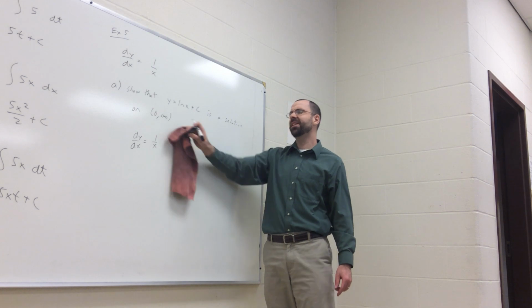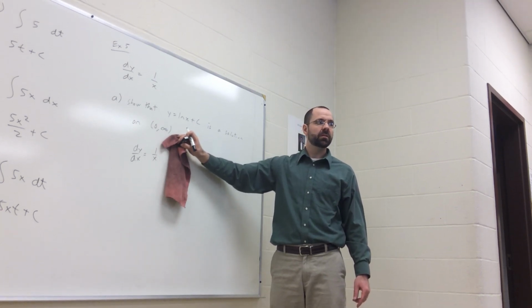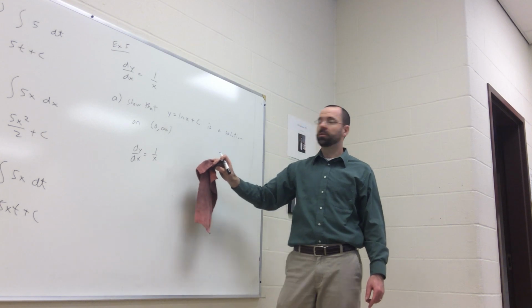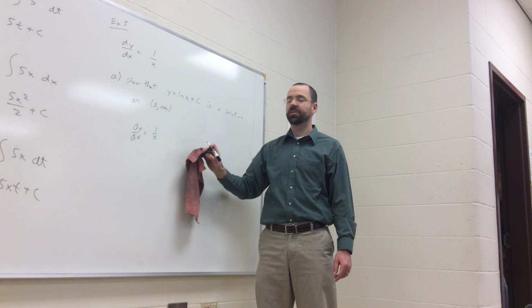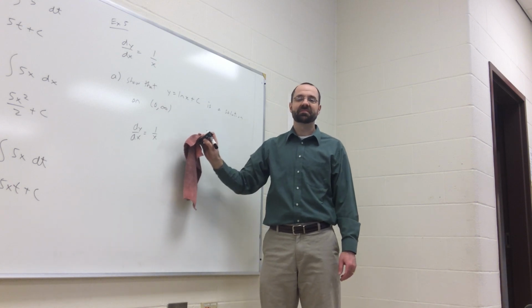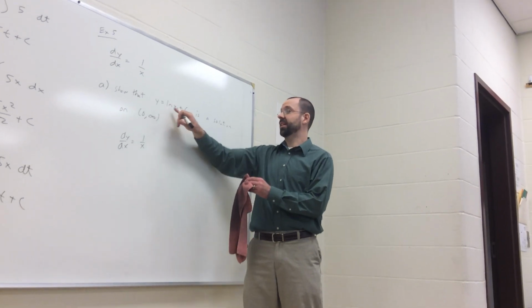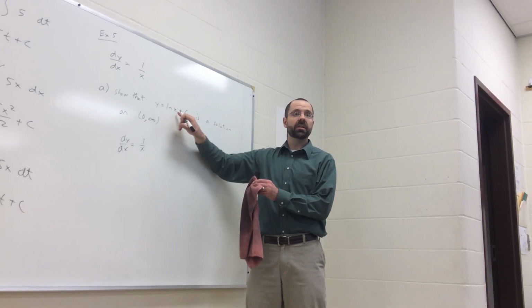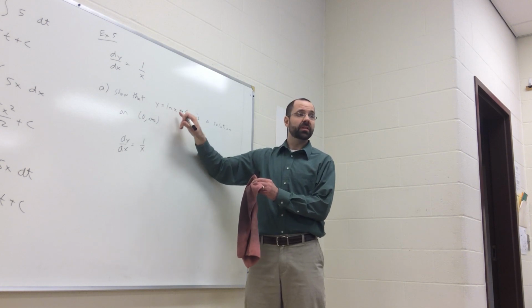Okay, now, why does it have to be from 0 to infinity? The issue is you're not allowed to take the natural log of a negative number. You're also not allowed to take the natural log of 0.